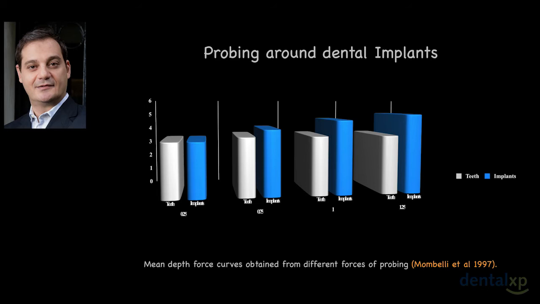So the question becomes: sounding the bone around an implant is different, but if we use probing the way we understand it around natural teeth, it is not accurate. And this is a big debate, and you can see a lot of articles that say if you take the pocket depth over 4 millimeters or over 6 millimeters, that's what you should be doing. I caution you to be very careful.